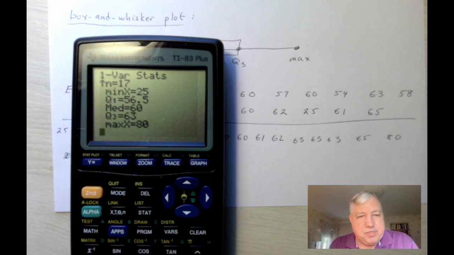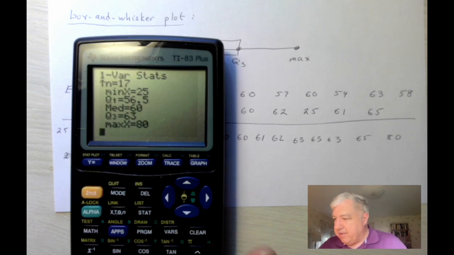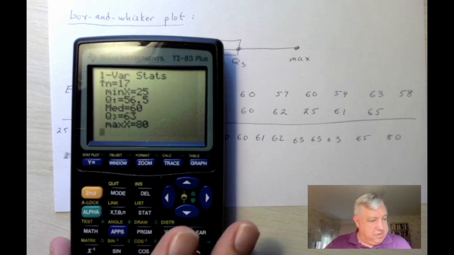The minimum is 25 and the max is 80, which we already knew, and the median is 60, Q1 is 56.5, and Q3 is 63 exactly.